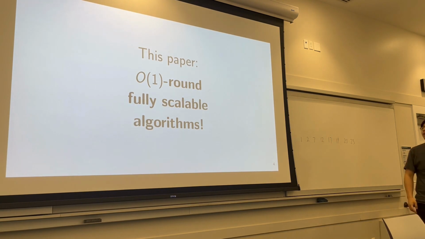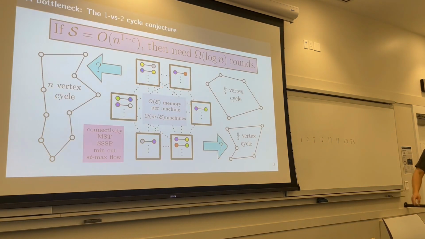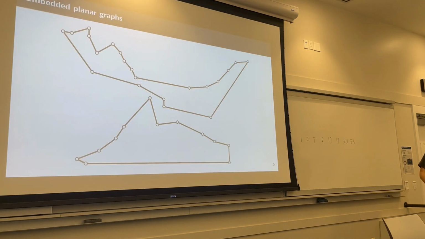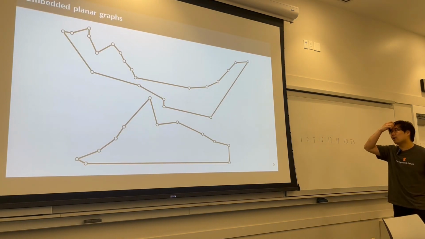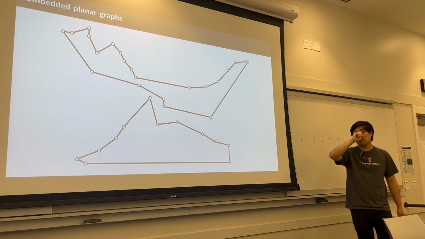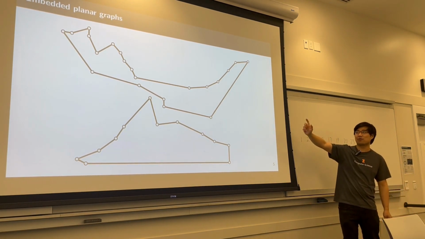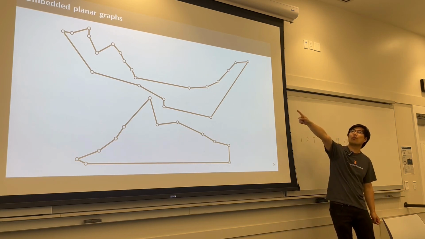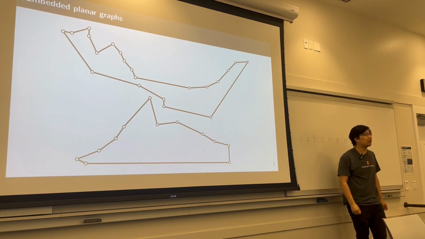Okay, right. So in this paper, we'll talk about constant round fully scalable algorithms, and we'll talk about algorithms for exactly these problems, connectivity, MST, and so on. And the trick to get around this conjecture, because we will not be disproving it, is we're going to be working in embedded planar graphs.